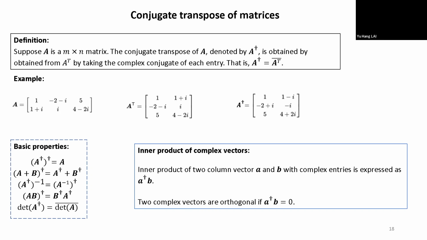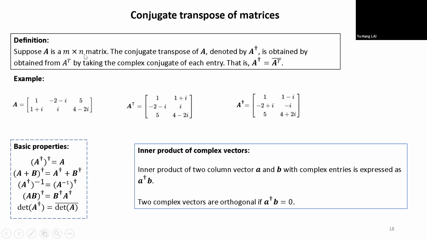In fact, we are going to focus on two special types of complex matrix. The first one that I'm going to talk about is analogous to the symmetric matrix that we have for the real matrix. Suppose I have this n by n matrix.